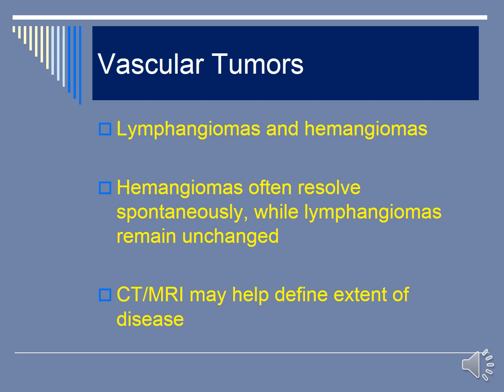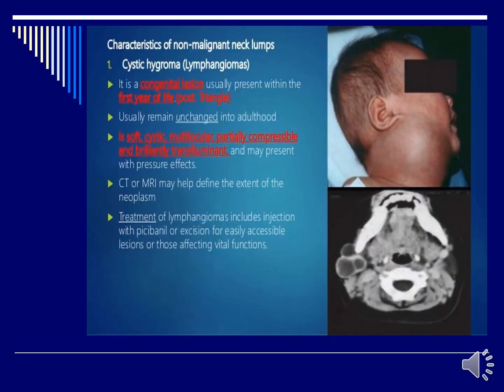Vascular tumors: lymphangioma and hemangioma. The hemangioma often resolves spontaneously, unlike the lymphangioma. CT scan and MRI may help define the extent of the disease. Multiple lobulated cysts, the cystic hygroma, is one type of lymphangioma.